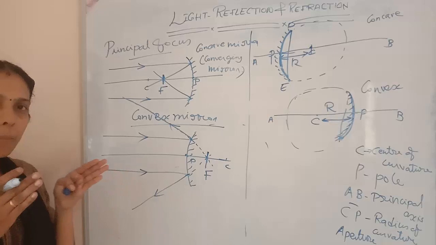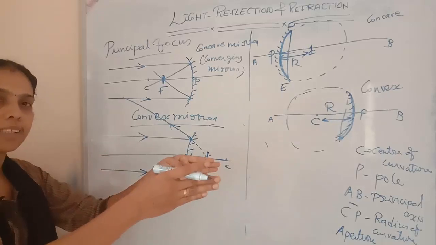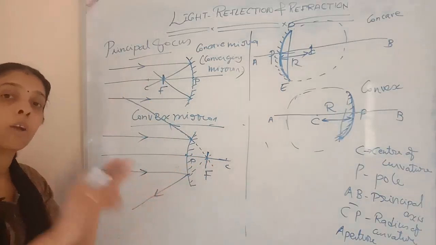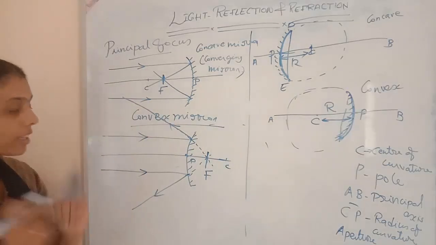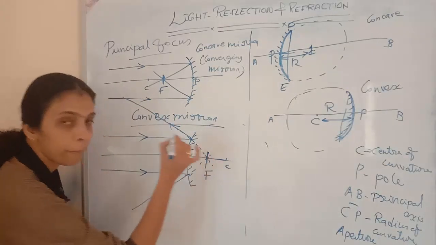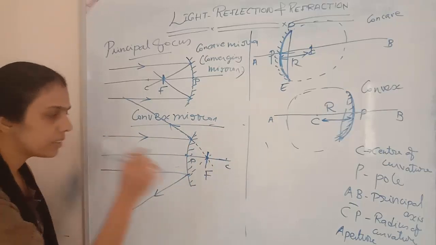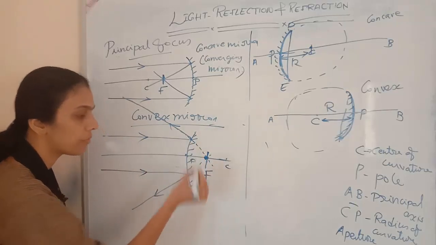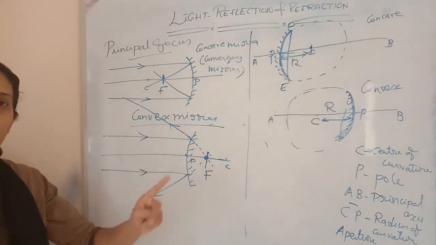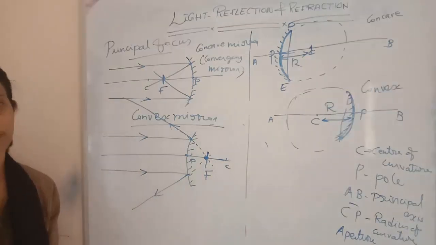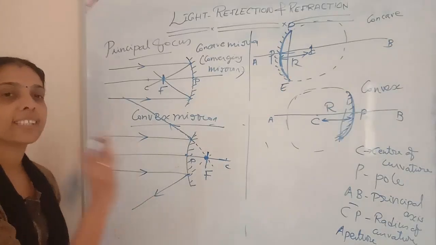The rays which are passing parallel to the principal axis towards a convex mirror, after reflection will appear to diverge from a point on the principal axis. That point is called the principal focus of a convex mirror.